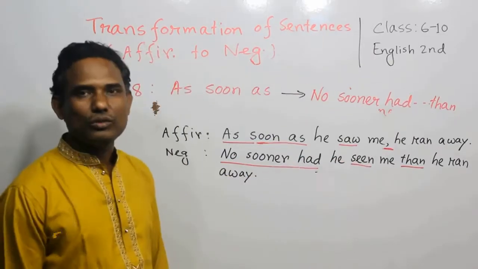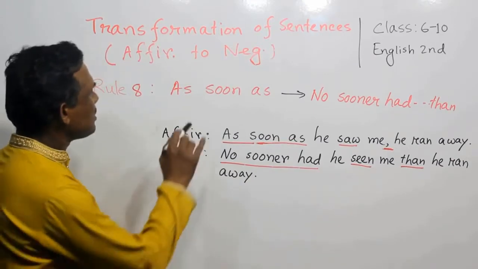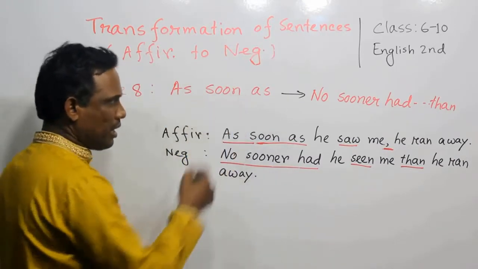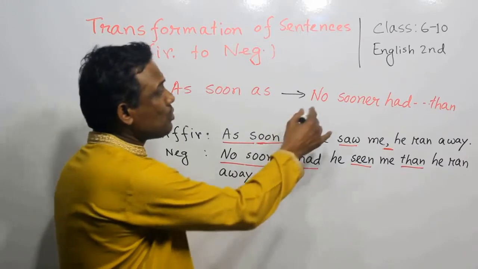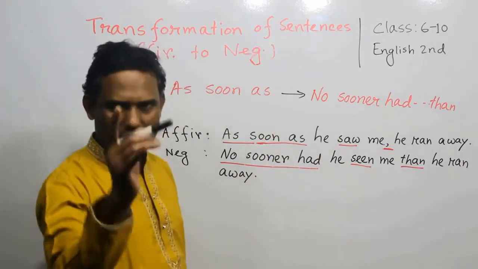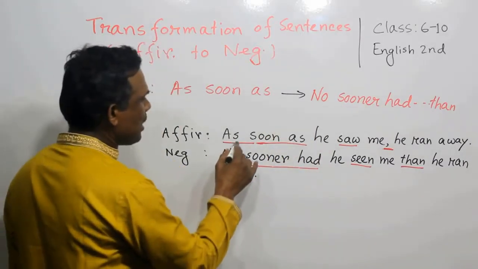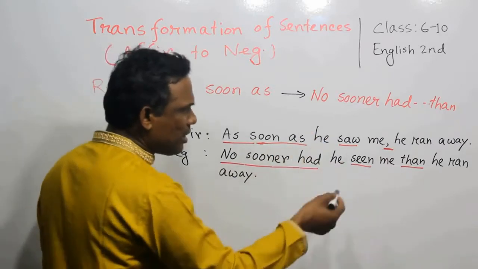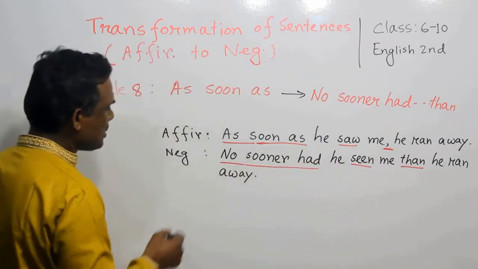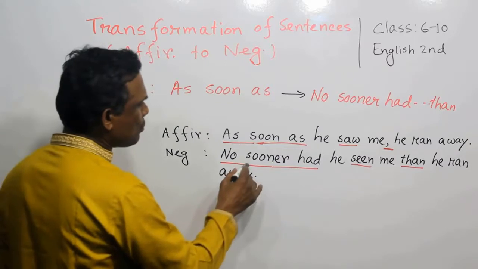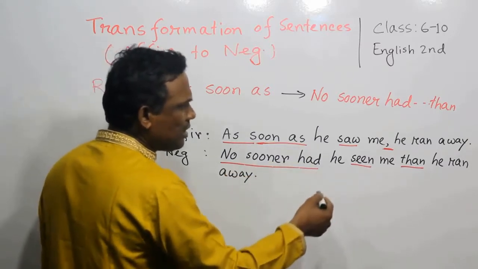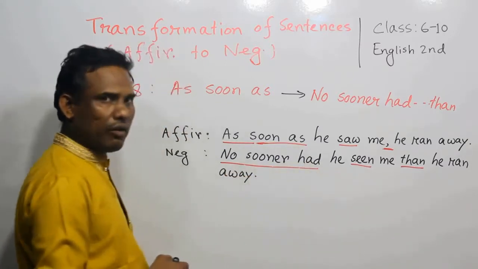Okay. Rule number 8. By omitting as soon as, you can use notional had then. For example, as soon as he saw me, he ran away. Its negative form is notional had he seen me, then he ran away.